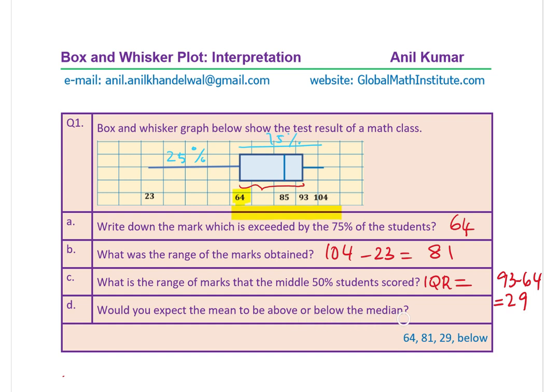D: would you expect the mean to be above or below the median? Now the median here is right there. Now you have to see the whisker, right? This whisker is longer, so the mean will go below. So the mean will be below the median.